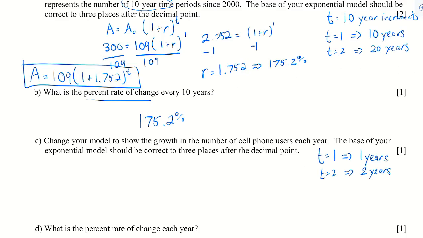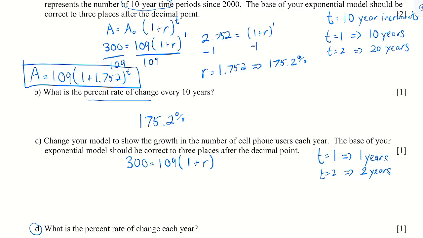But I don't know the specific rate for each year, so I'm actually going to figure out what r is first before I develop my model. So I'm going to start off with my equation, so I'll say that same thing, 300 equals 109 parentheses 1 plus my r, but I technically don't know what my r is because this is going to be changing each year.